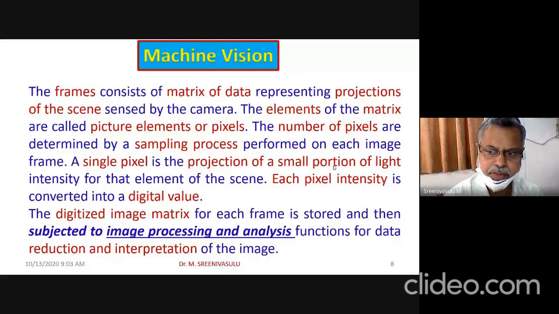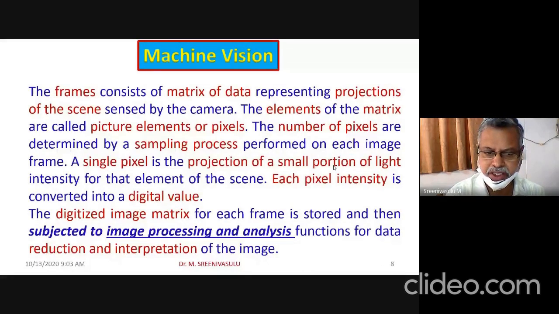That frame deals with the projection of the scene sensed by the camera. Elements of the matrix are called picture elements or pixels, and the number of pixels depends on the sampling process. A single pixel is the projection of a small portion of light intensity for that element of the scene.